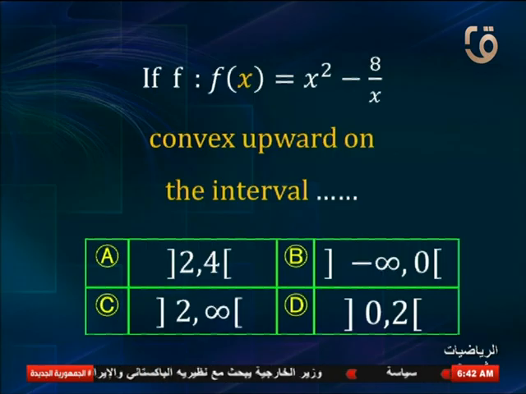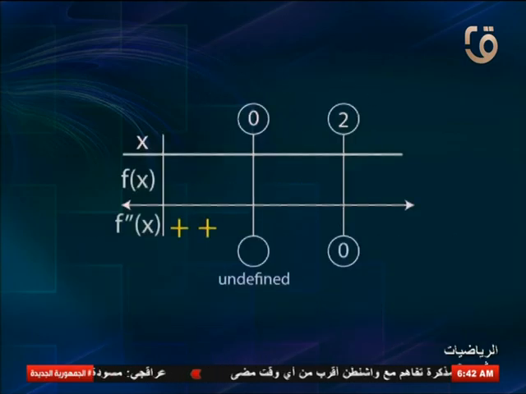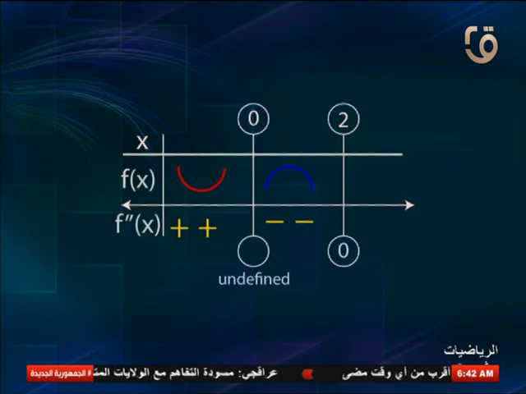Look at example, this example, the required convex up. Choose the correct answer. When first interval, open interval 2, 4, number B, open interval negative infinity 0, number C, open interval 2 infinity, number D, open interval 0, 2. What is the required? Convex up. Then we deduce that f double dash is positive when x is smaller than 0.